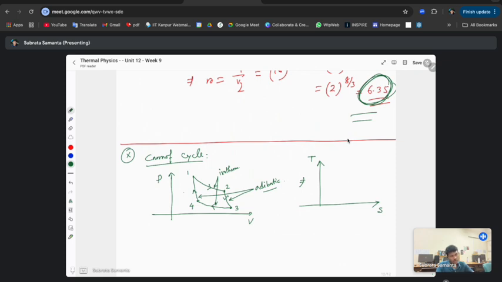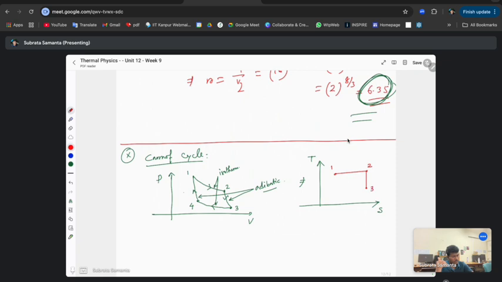So first, 1 to 2 is an isothermal process, which means constant temperature in the TS plane. Then 2 to 3 is adiabatic, so that means constant entropy.